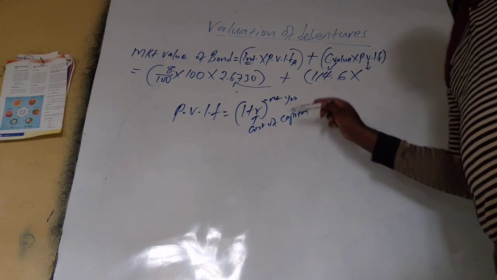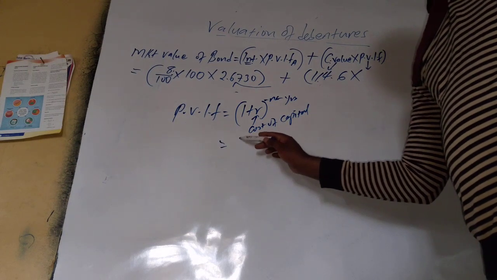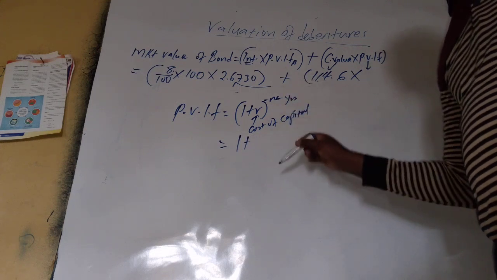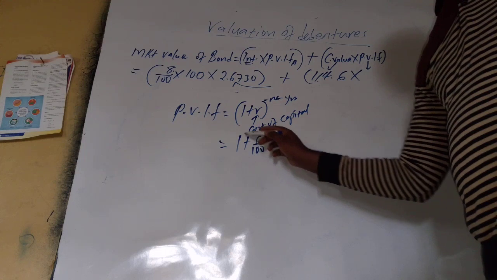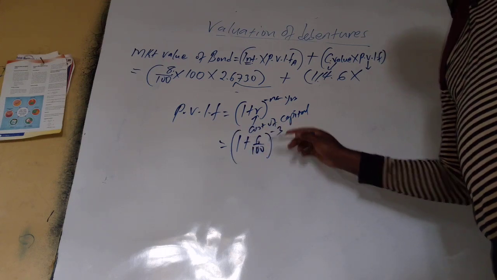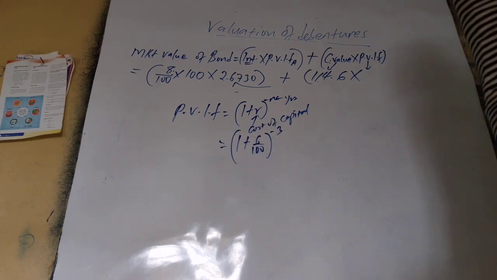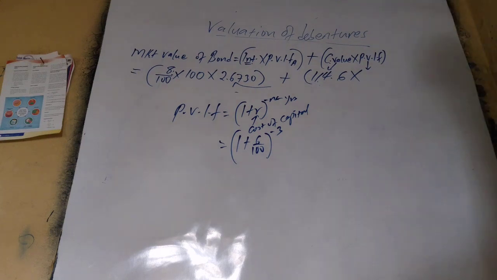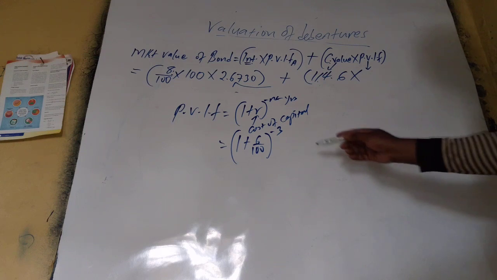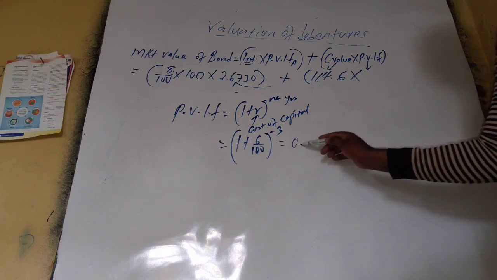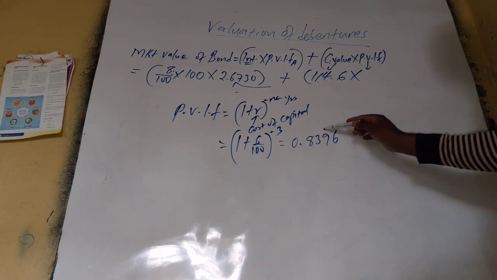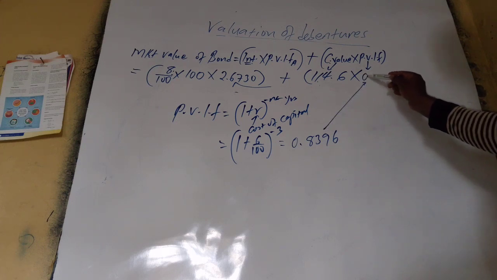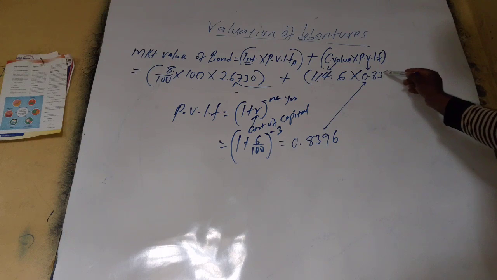My R is 6%, my N is 3, so I take it to be negative 3. When you do it accurately, you are going to get 0.8396.